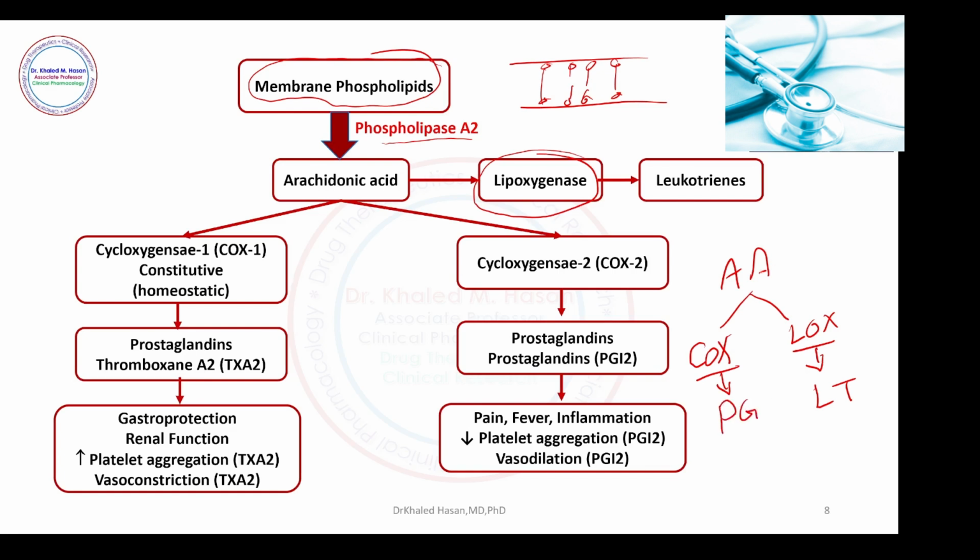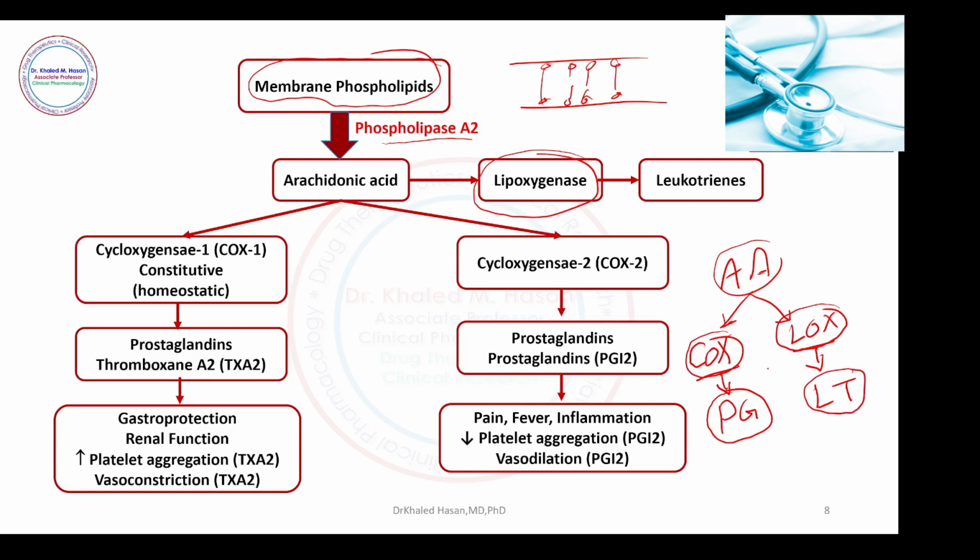So for simplicity, for arachidonic acid we have two main pathways. The first pathway involves an enzyme called cyclooxygenase, abbreviated COX, and the second enzyme is lipooxygenase, abbreviated LOX. Cyclooxygenase ends up with the formation of prostaglandin, and lipooxygenase leads to the formation of leukotriene.